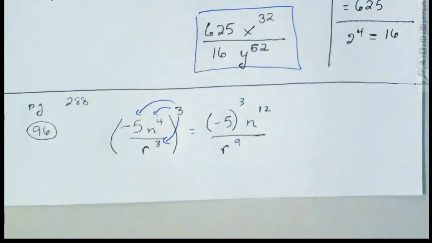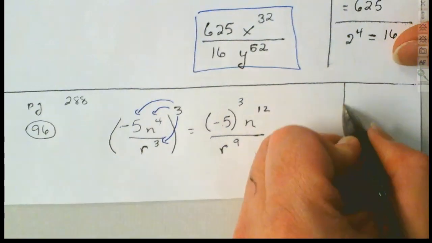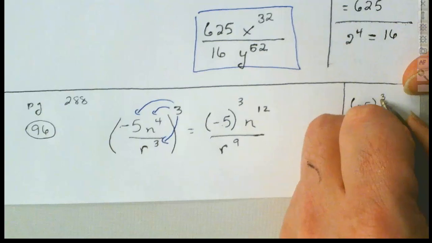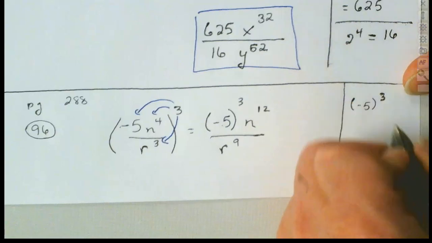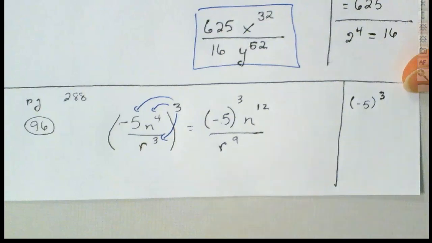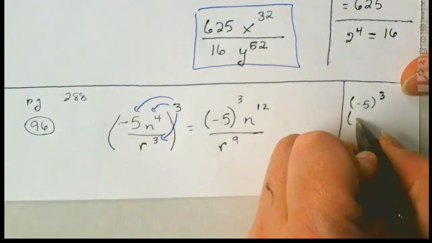What about negative 5 to the 3rd power? Is it going to be positive or is it going to be negative? It's going to be negative. You can remember that 3 is an odd power, so it comes out to be negative, or you can just write it out either way.